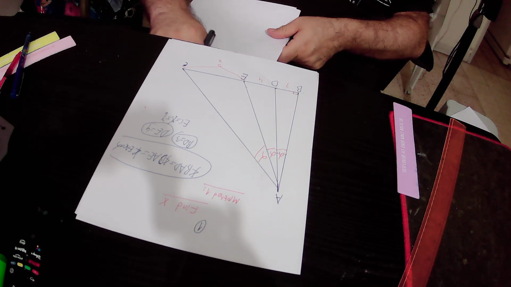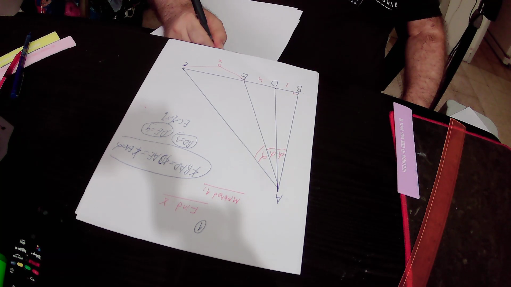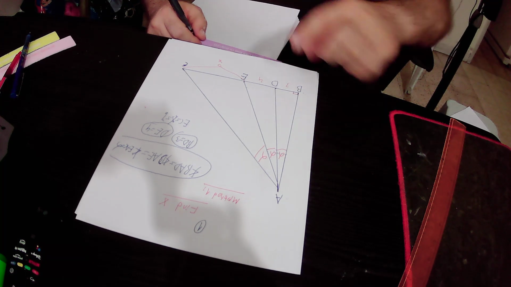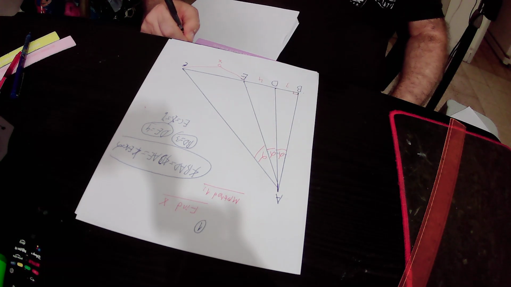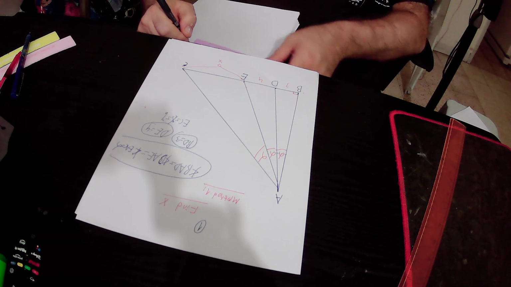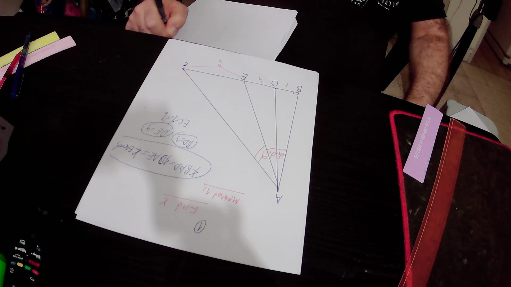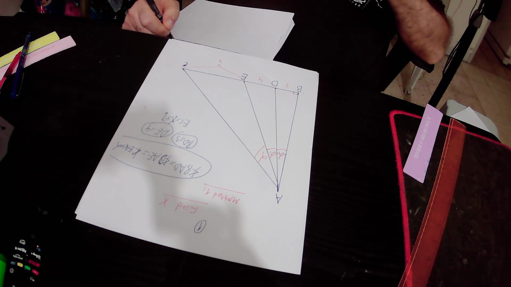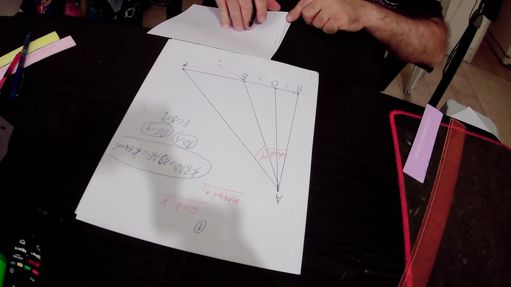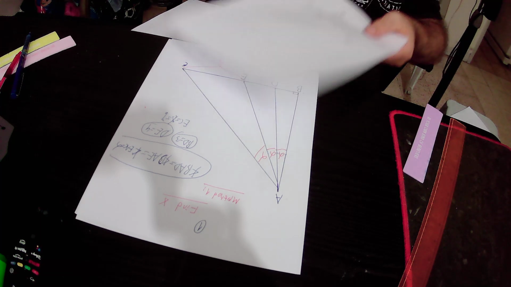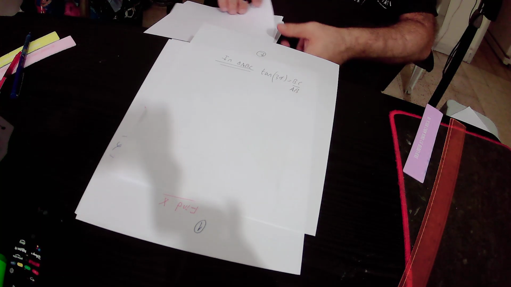So in the right triangle ABC, we know that tangent 3 alpha equals BC over AB.